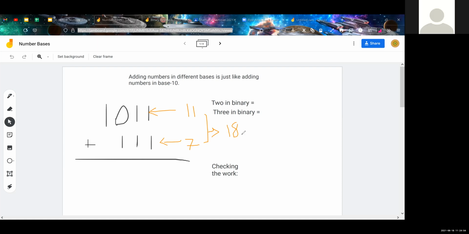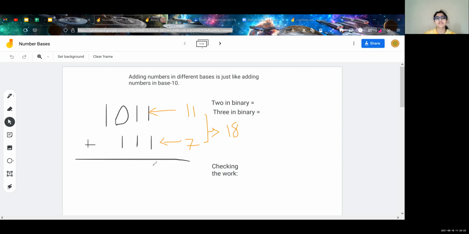Okay, I'm just guessing here about how you'd add in other bases, but would it be that you'd add 1 and 1, but the max amount you could have is 1, so you'd only put the 0 down, and then you carry the 1 over to the next number, and you keep doing that? Yeah, that's how you do it.